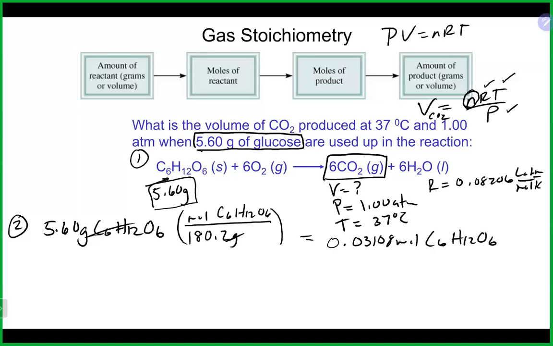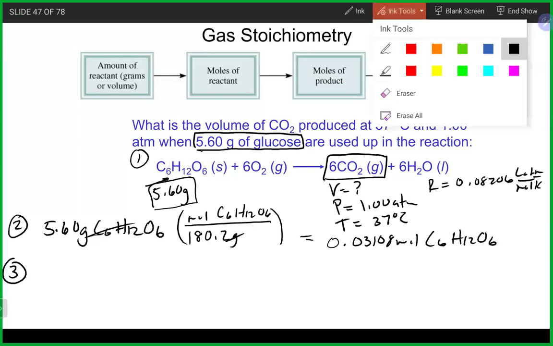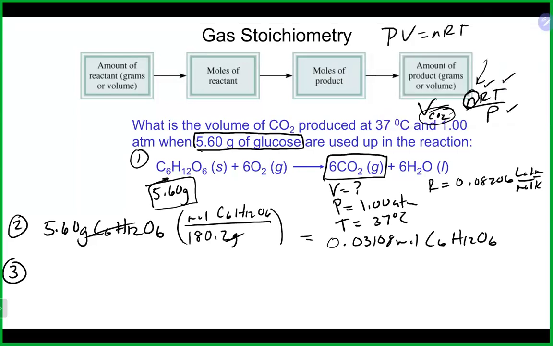Now that is helpful because we do need moles for our ideal gas law, but we need to remember we need moles of CO2. So this is where the stoichiometry part, which is our third step, comes into play. This is obviously not a limiting reagent problem at all, so we just need to do our mole-to-mole relationship.